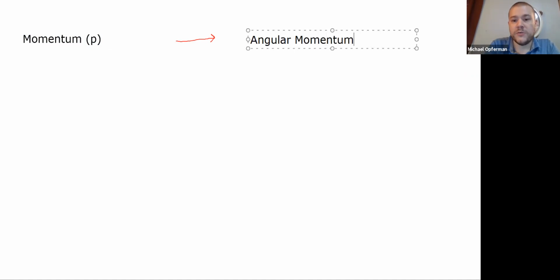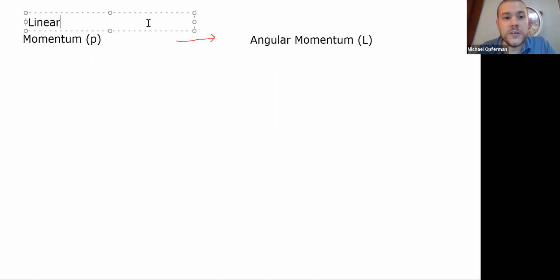Pretty self-explanatory name, and the symbol for that is L. So if we think in terms of the angular momentum, then we can reinterpret the laws of rotational physics in the same sense that we reinterpreted them with regular momentum, or as it's more properly called, we're going to call this one linear momentum when we are being careful to distinguish it from angular momentum.